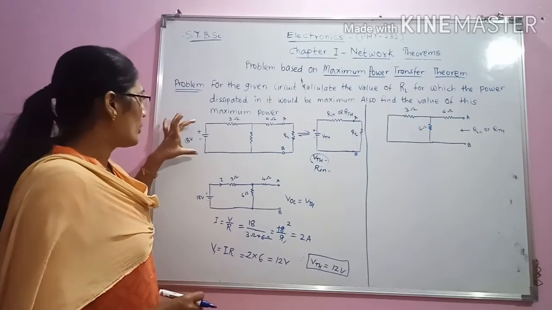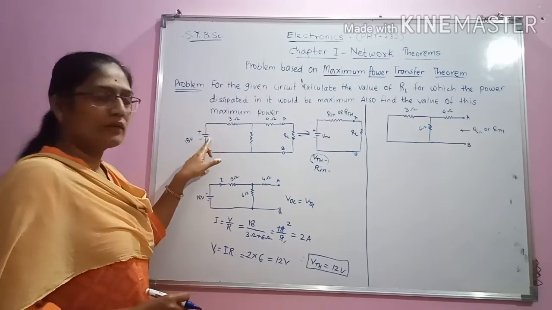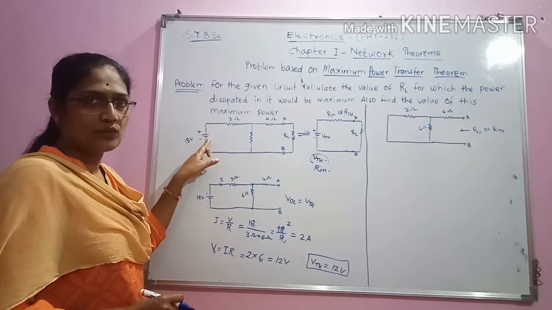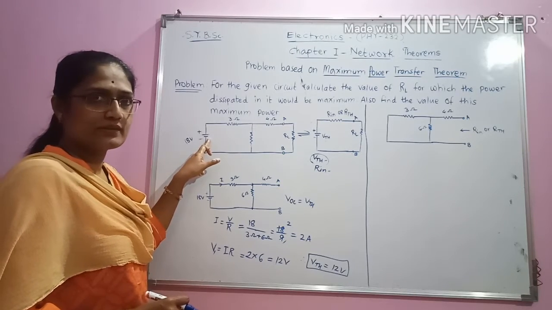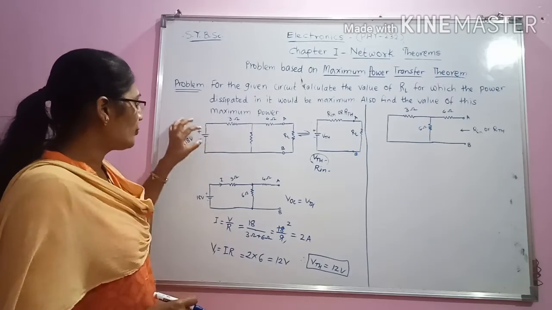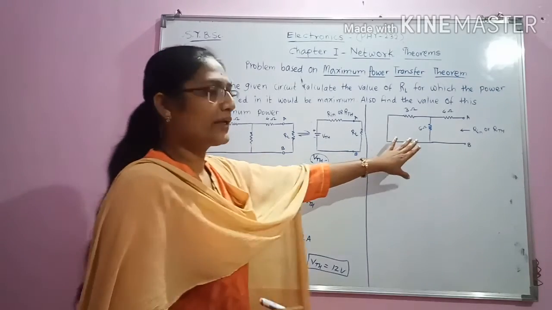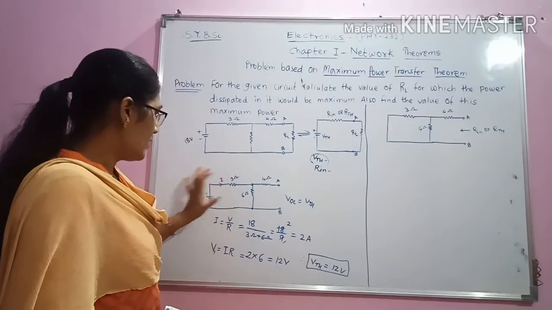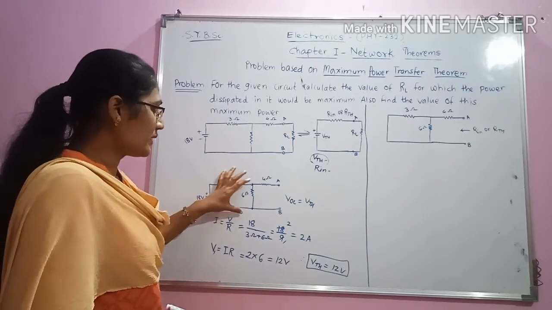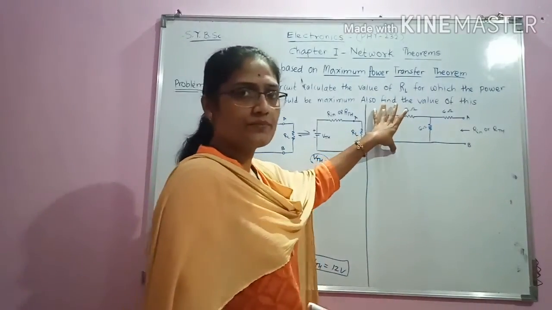But here for this voltage source, no internal resistance is given, it is 0. Therefore, if we remove this source, then our circuit will look like this.